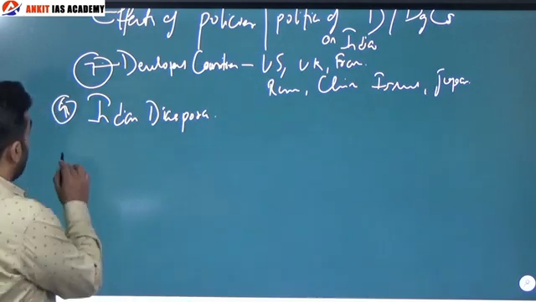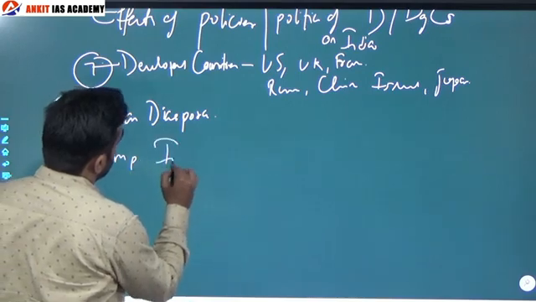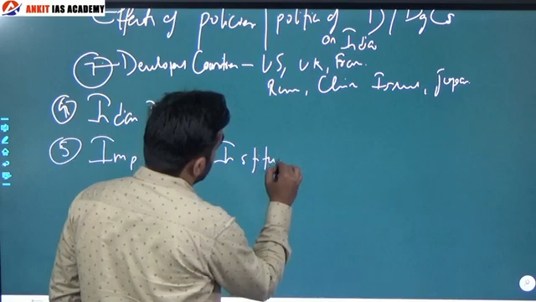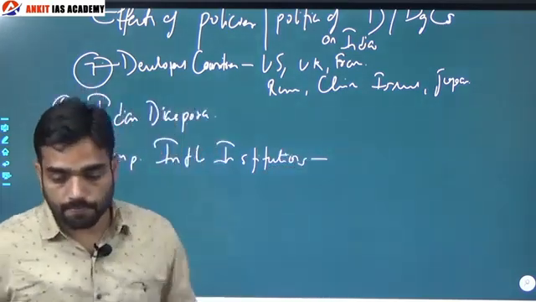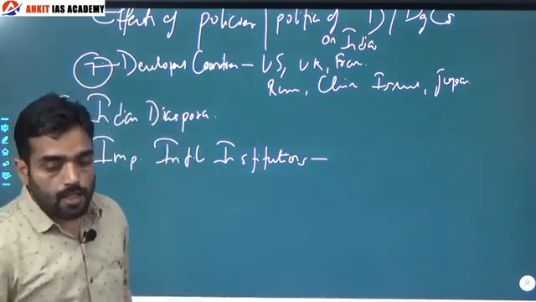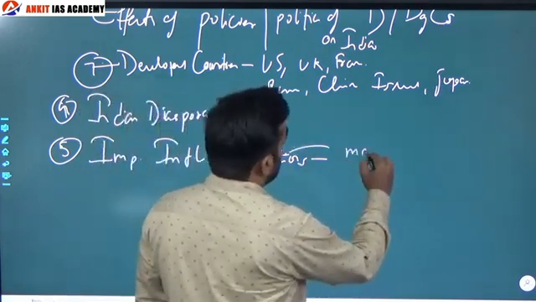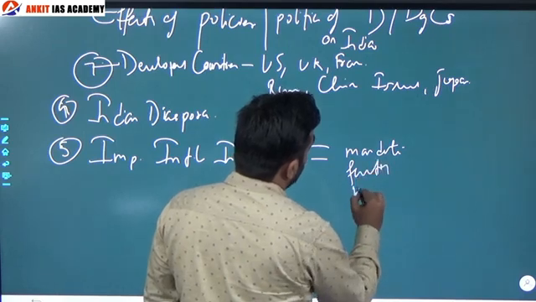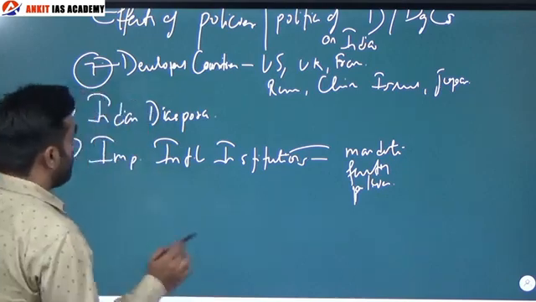Then there are important international institutions with which India is associated, and they affect Indian development. So there are different institutions, their mandate, their functioning, how their policies affect India. Fine. So which are the major international institutions?